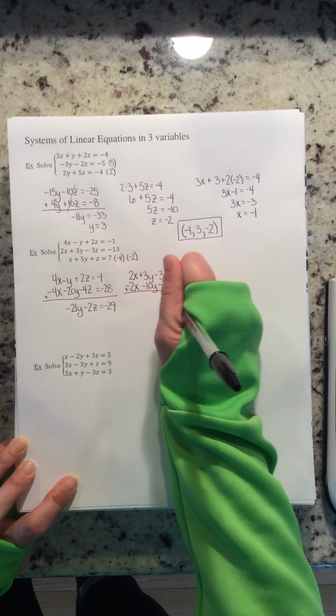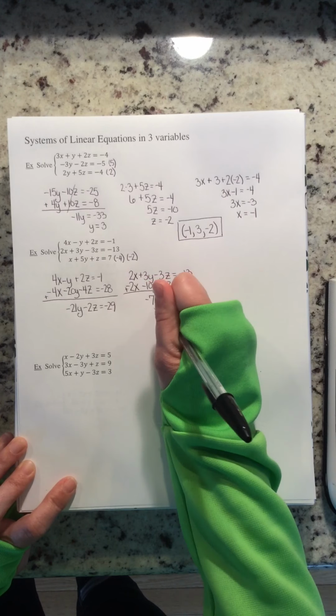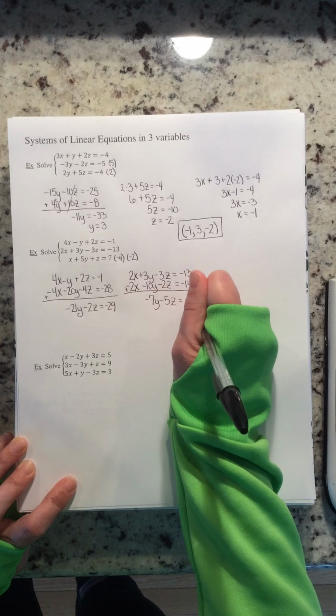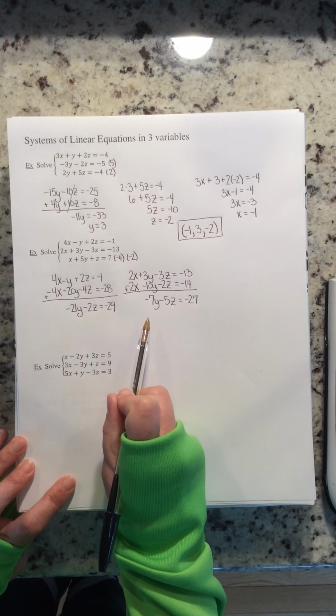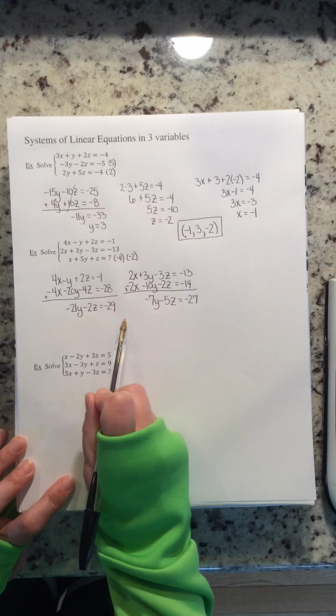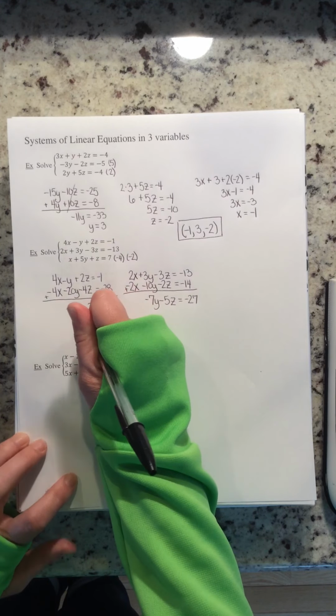Adding the equations together, x eliminates, and we're left with negative 7y minus 5z is equal to negative 27. Now we have two equations with just two variables. This one has a negative 21y. If I were trying to make the y's disappear, it would be nice if this were a positive 21y.